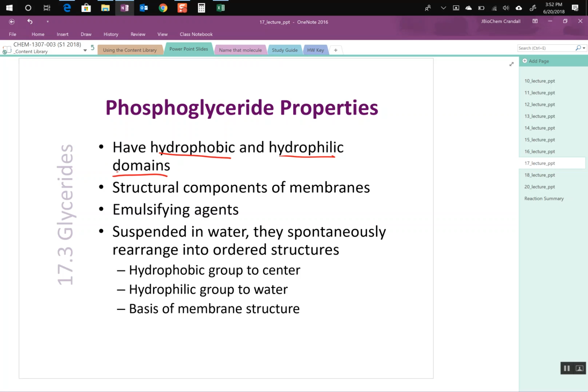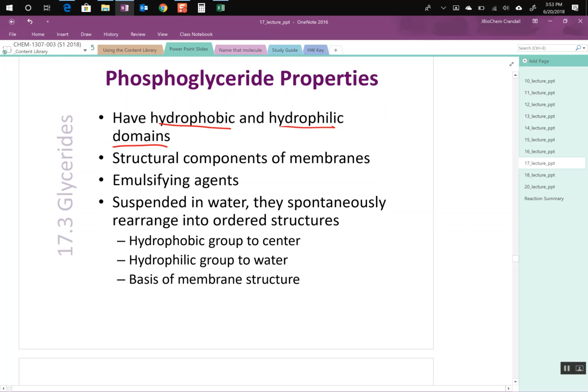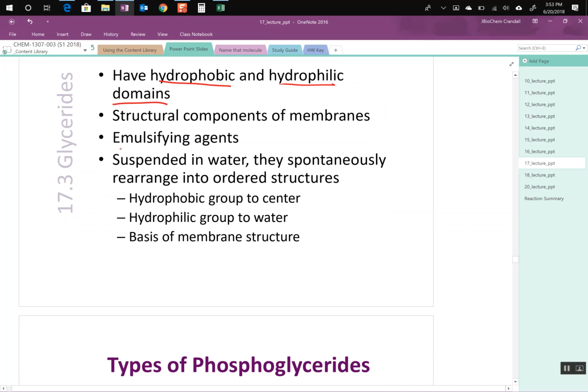So these phospholipids have both domains, the hydrophilic and hydrophobic, which give them that property that could create micelles and those sorts of things, which is going to be very important biologically, because this is how cellular membranes are made. Okay? So these are the structural components of membranes.